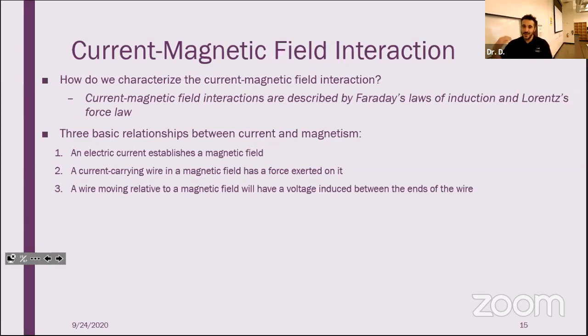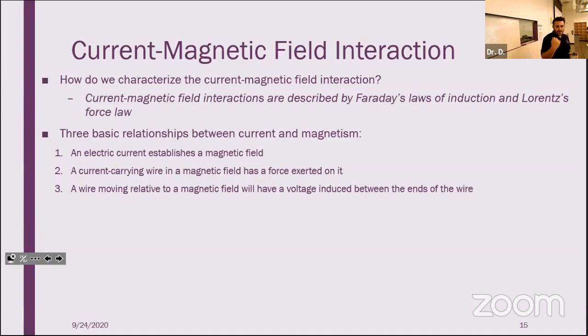All right. So how do we characterize the current-magnetic field interaction? We can use Faraday's laws to talk about this. There are three basic relationships that we're going to exploit here. First, when we have an electric current, we can establish a magnetic field. So having a current run through a wire will establish a magnetic field on its own.